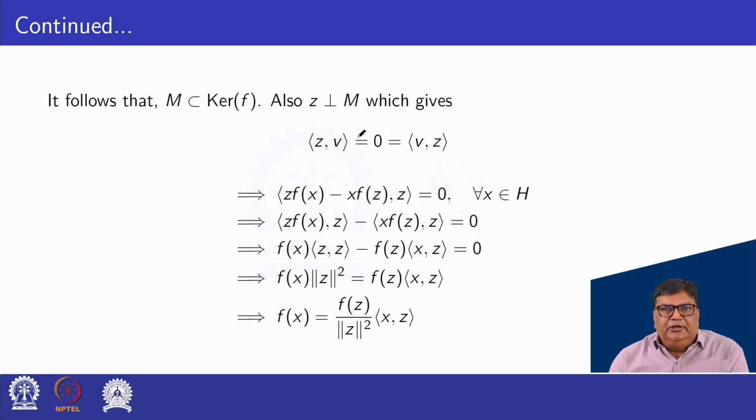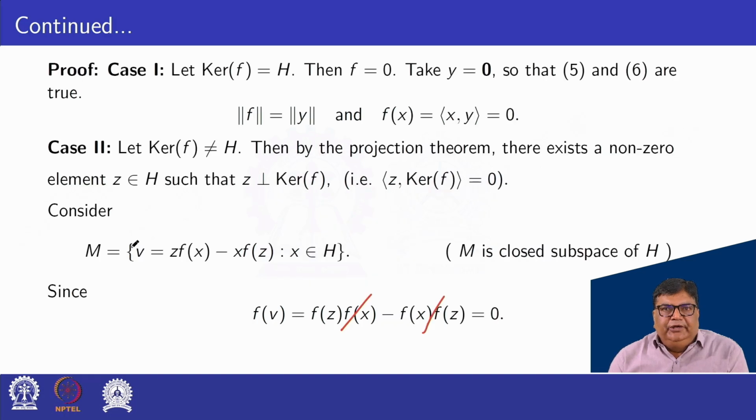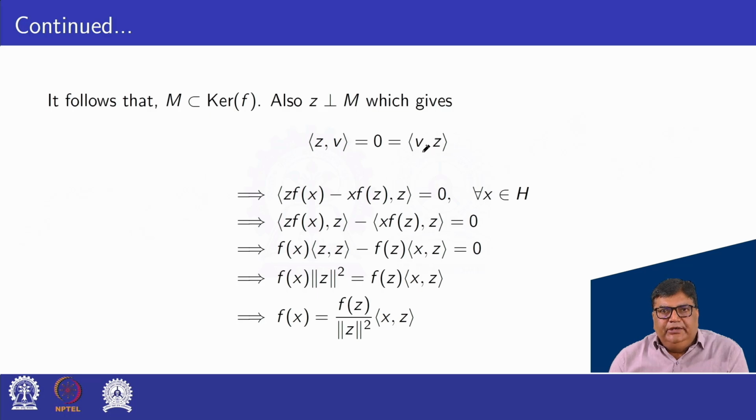If the inner product of z, v is equal to 0, it is also equal to the inner product of v and z equal to 0. So v is defined here. So the inner product of v, z is equal to 0. So putting the value of v in this inner product, that is, the inner product of z fx minus x fz, and z equal to 0. Okay.